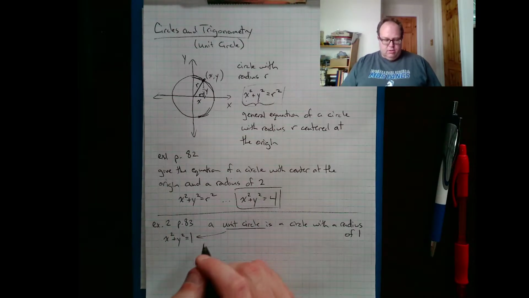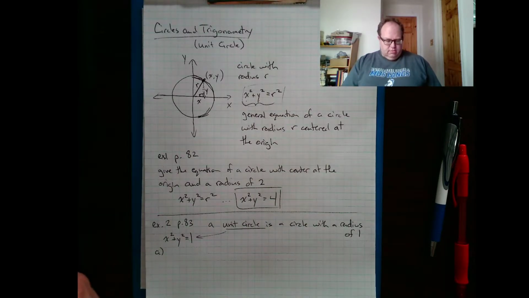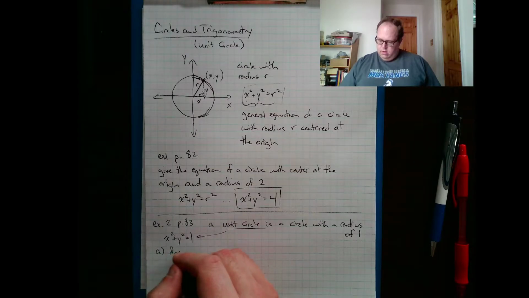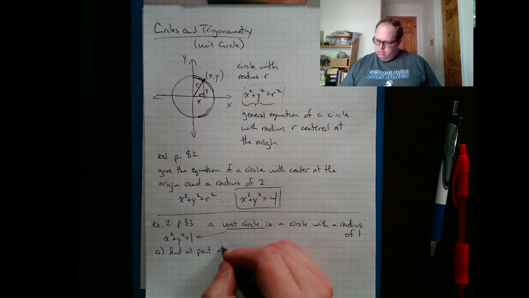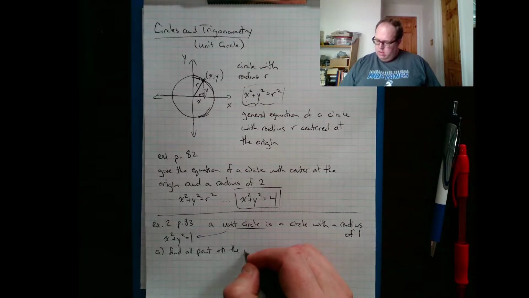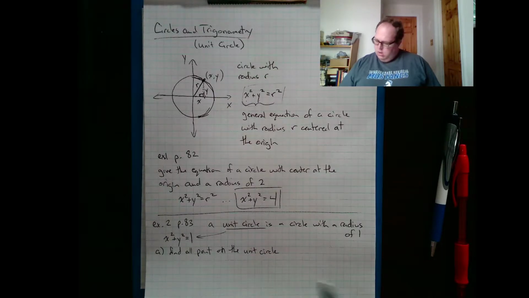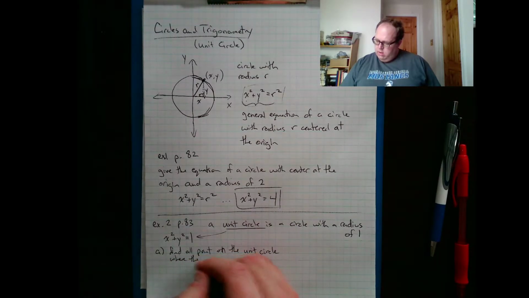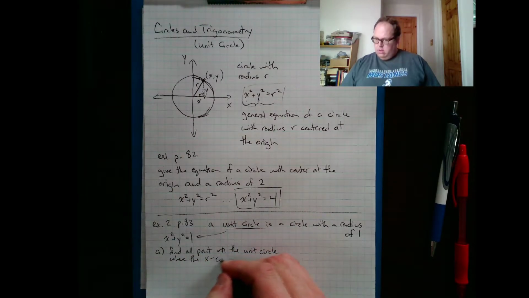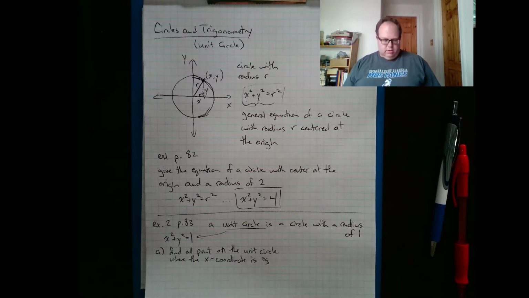And in example 2, we're asked to find a few coordinates on the unit circle. Part A, we're asked to find all points on the unit circle where the x coordinate is 2/3.